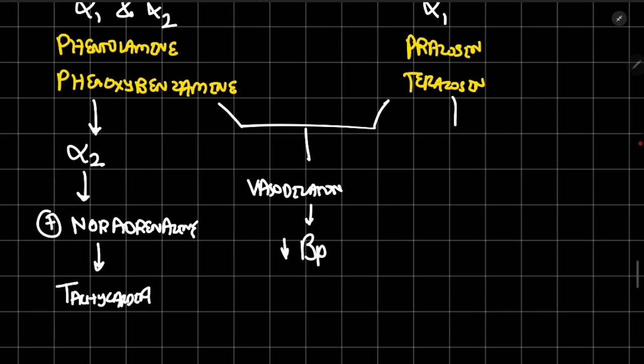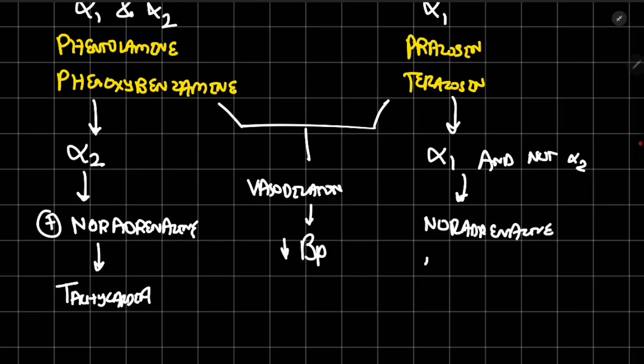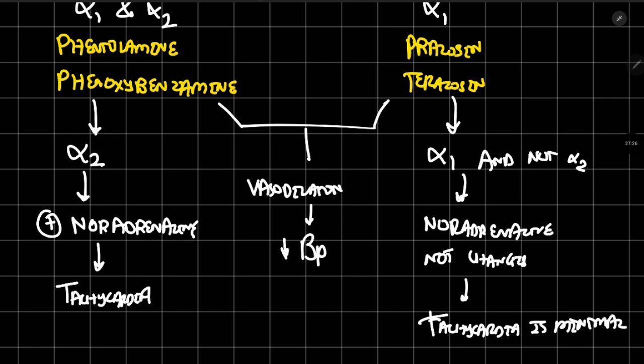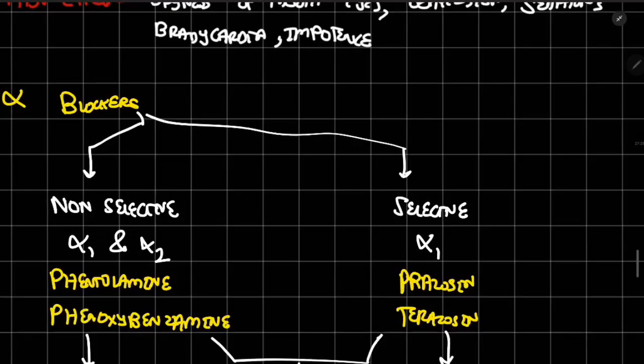Here it acts only on alpha 1 and not alpha 2, so there is not so much change in noradrenaline. So tachycardia is minimal. This is the difference between selective and non-selective alpha blockers.